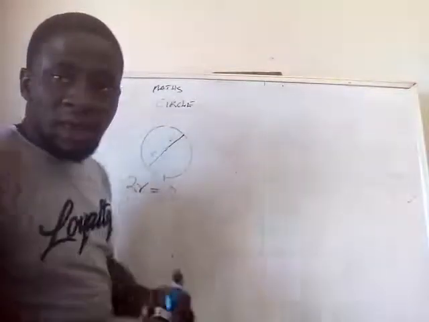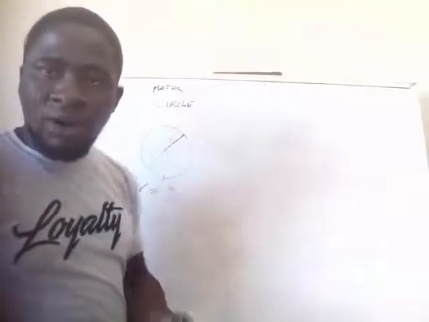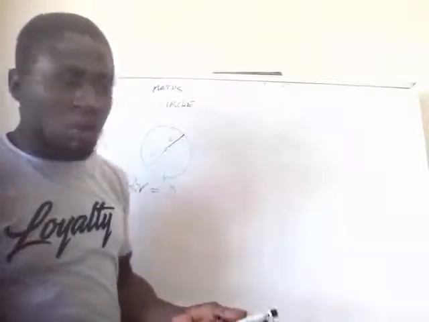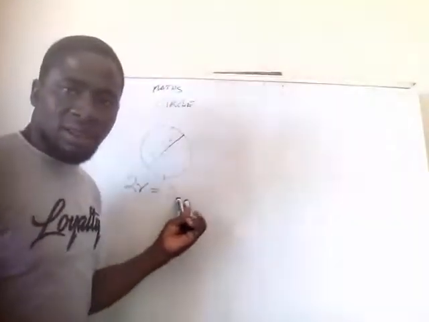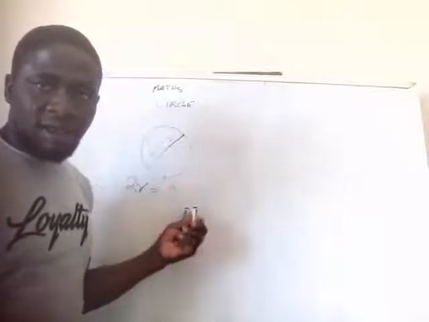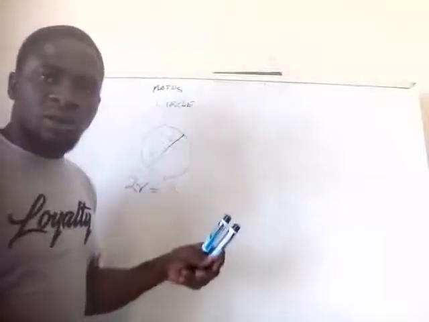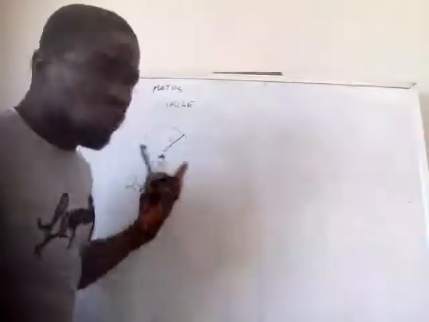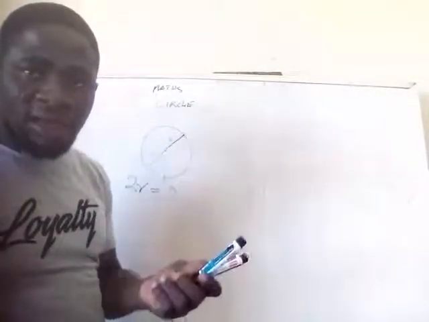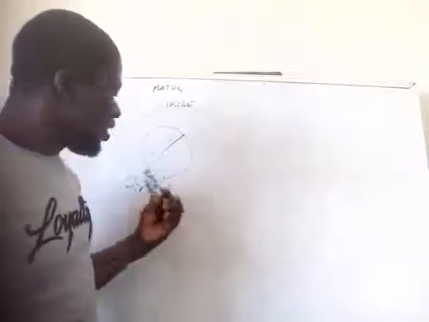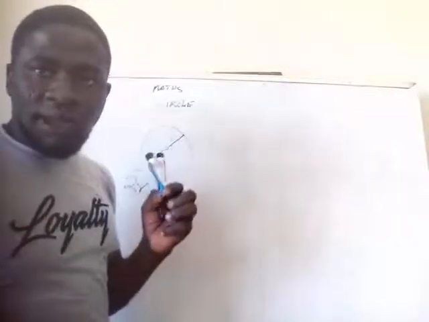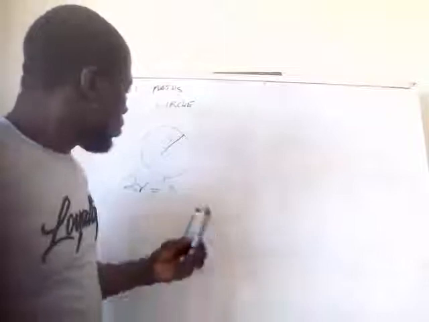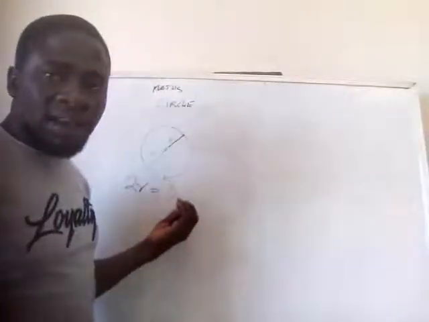That's R plus R, or radius plus radius, will give us the diameter. And if you want to get your radius and you are given a diameter, what you will do is divide the diameter by 2.